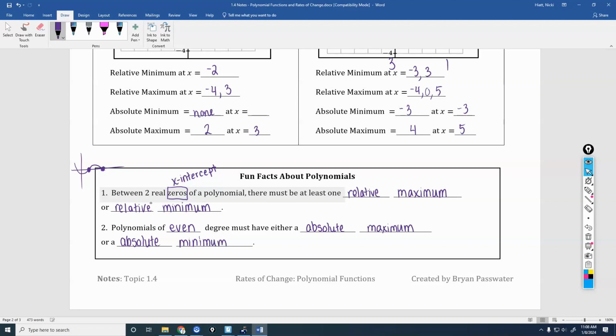And I think I meant to use local and global there. That's why it has an A instead of an R. Just to mix it up. You can use either one of those words right there.